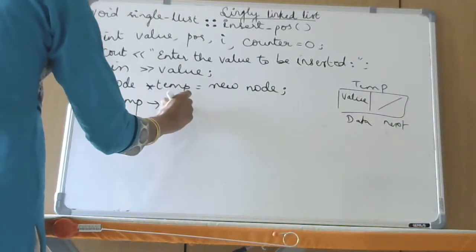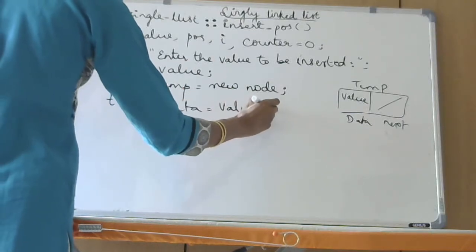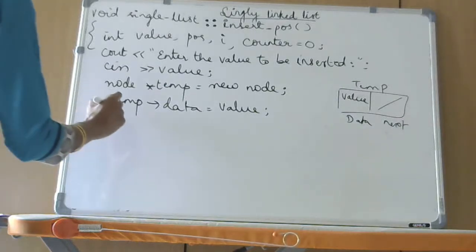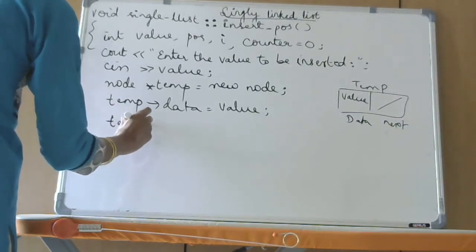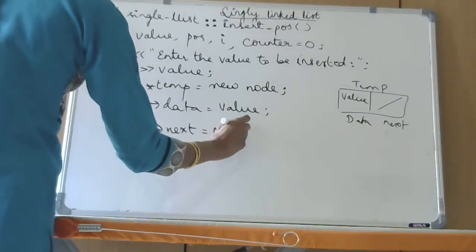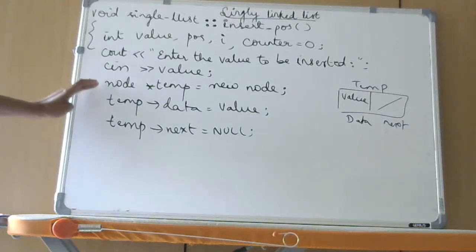Temp of data will be equal to the value that I have accepted to be inserted. Then temp of next is equal to null. Right. So that means this part indicates that my node is complete. It is ready in all respects.